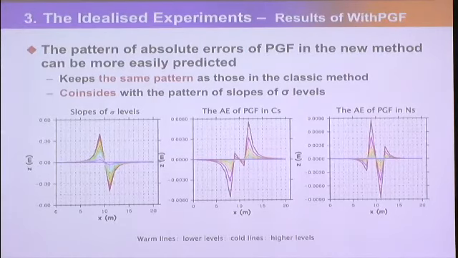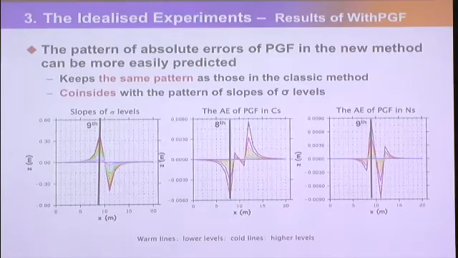The left figure is the slope of the sigma levels. We can see that it has a peak here, and the right two are the absolute error of PGF in both methods. In general they're similar, but if we pay attention to the position of the peak, we can see that the absolute error of PGF in the new sigma method has exactly the same pattern as the slope of the sigma levels.